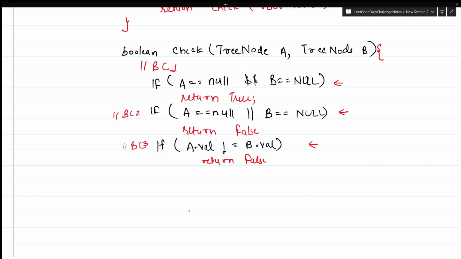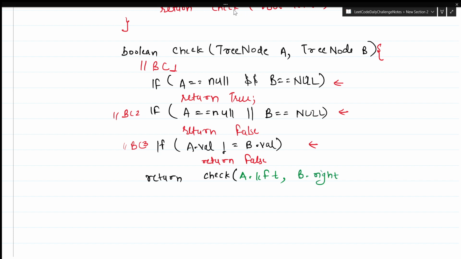So if none of the three conditions is satisfied, it means I can go to the next subproblem, where I do a recursive call of check. If I am going to A dot left, I need to send B dot right.